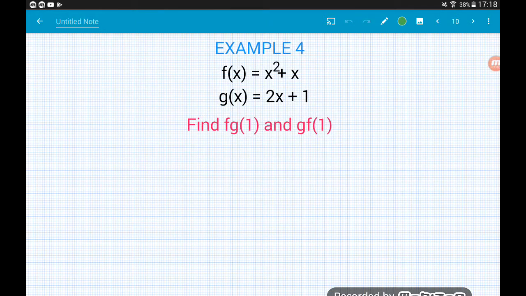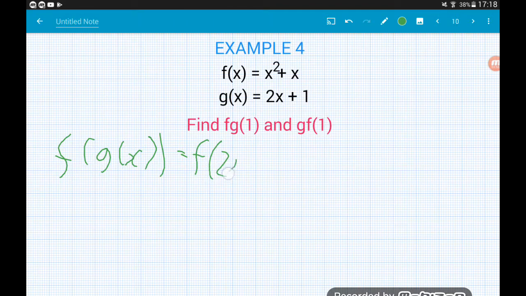So f of g of 1, let's sort that out first. Let's go through the method I would recommend against first. So I would find f of g of x first. So we're substituting the g function into the f function. So we're taking f of 2x plus 1.